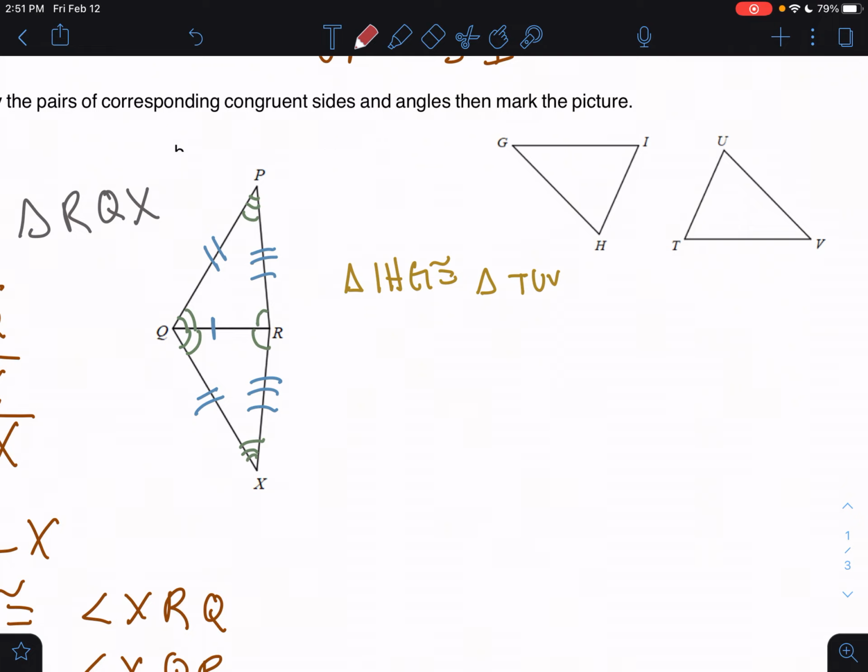So I have IH congruent to TU. And then let's go on to the next one. So HG congruent to UV. And then IG congruent to TV.